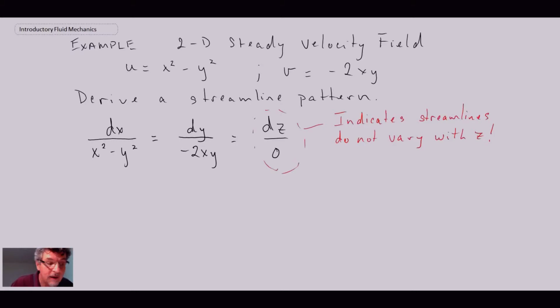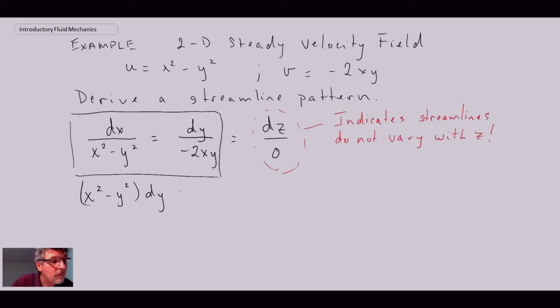If I rearrange this part of the equation, we get an exact differential equation that we're going to equate to df, and f is going to be the function that we're looking for.